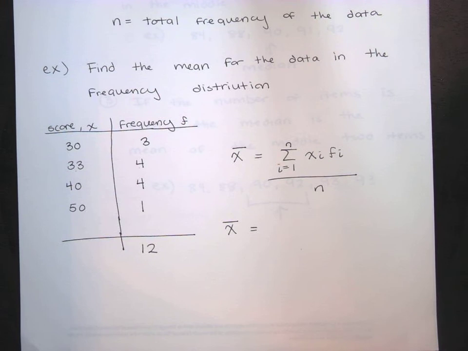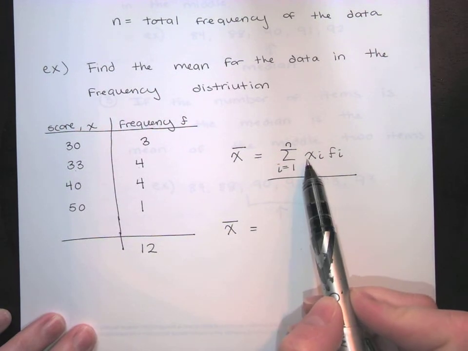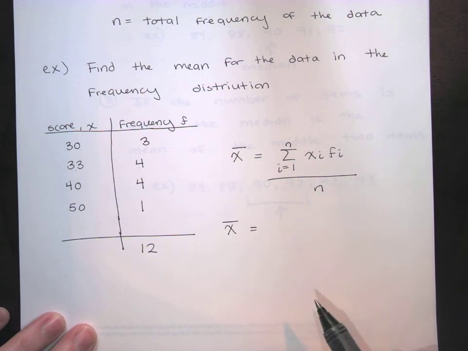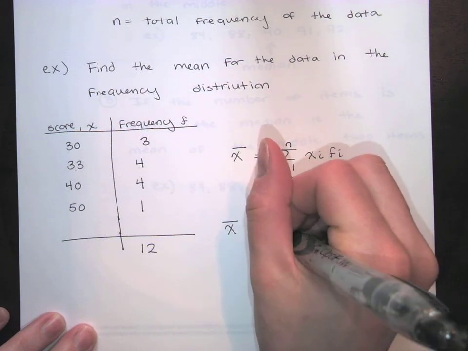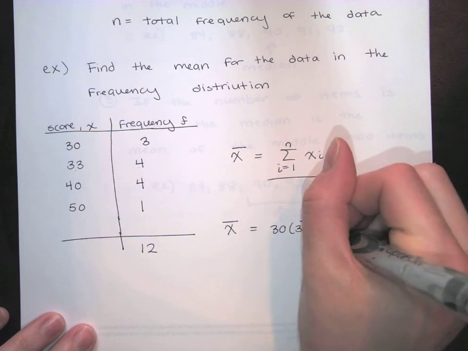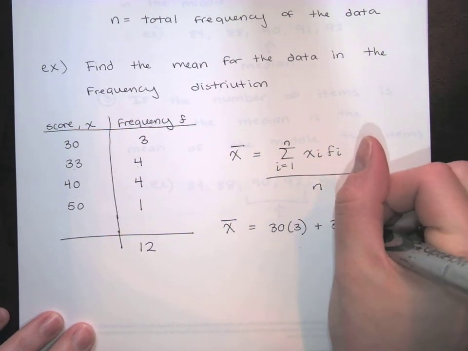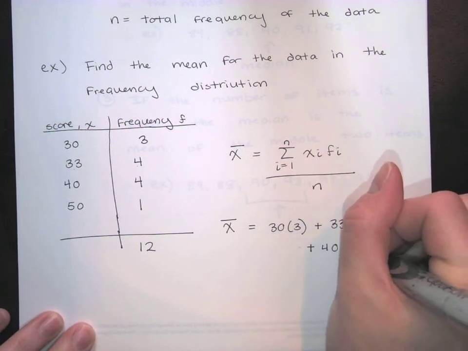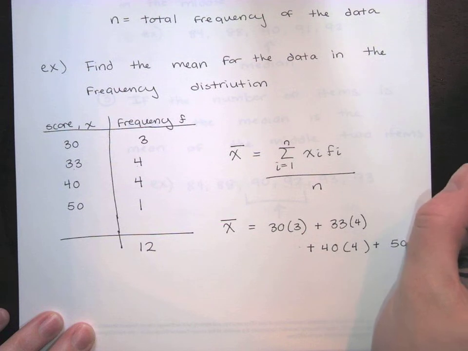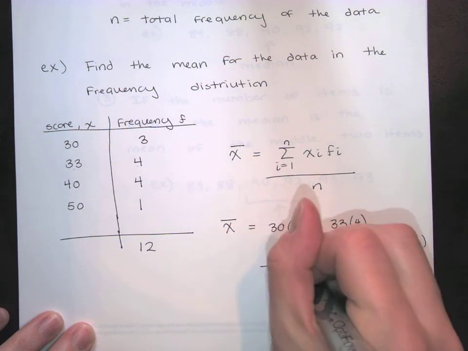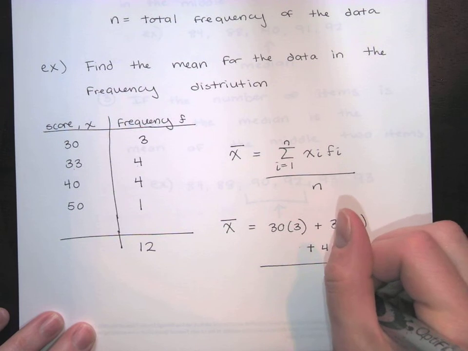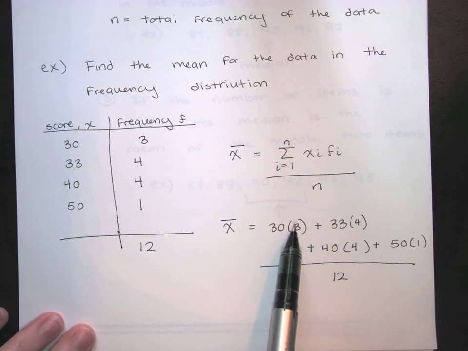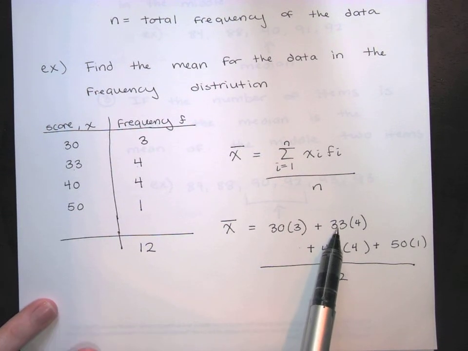So to find the average here, we're going to multiply the score by the frequency and then add all of those up together. So we'll have 30 times 3 plus 33 times 4 plus 40 times 4 plus 50 times 1, and then we're going to divide all of that by 12. Notice this is the same in the numerator as adding 30 plus 30 plus 30 plus 33 plus 33 plus 33 plus 33.